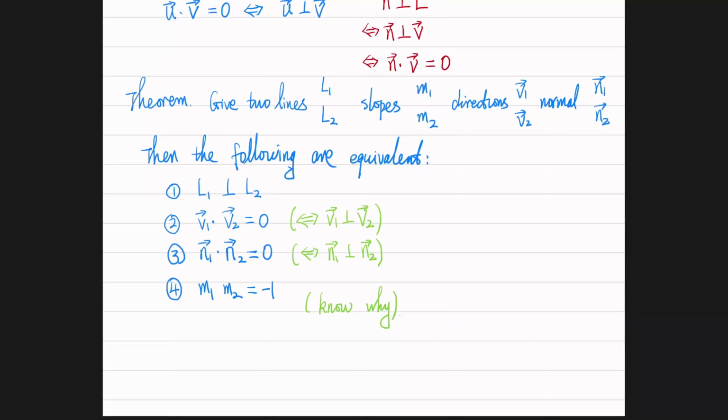Okay, Amy, if we have a vector v with two components, do you remember the formula for the normal vector? Not exactly, but I know that if you want the slopes to be perpendicular, it's like the negative reciprocal. Okay.